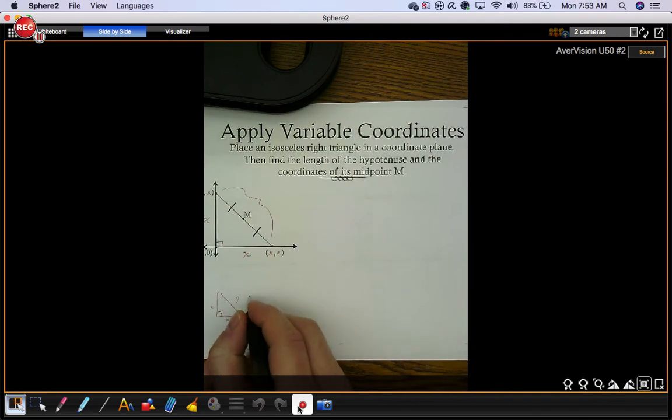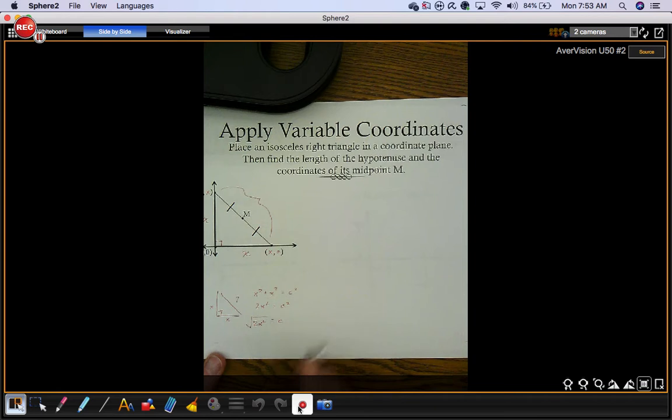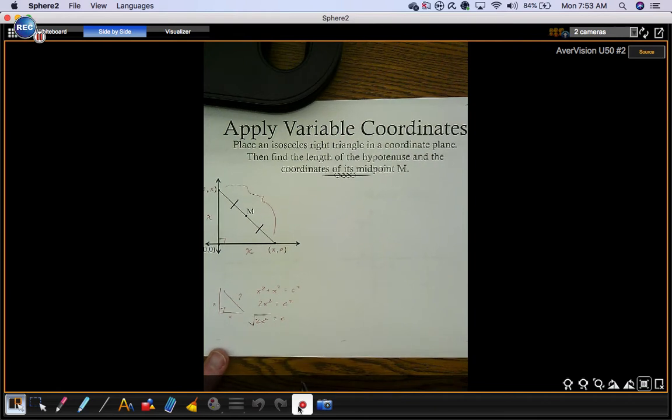My apologies. x squared plus x squared is going to give you that hypotenuse squared. We'll call it c. And we have two of those x squareds. If you want your hypotenuse, you're going to unsquare that 2x squared.